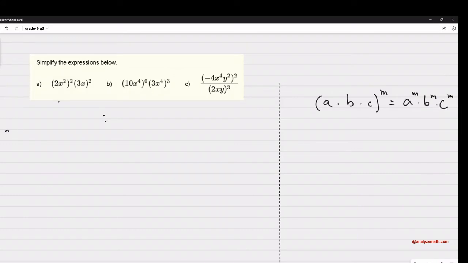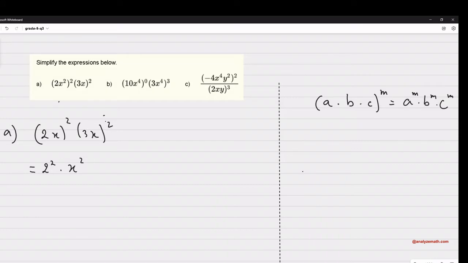So let's go to part A and then start dealing with the term that we have. So this is the expression given in part A. Now I'm going to use this rule here. It's 2 multiplied by x to the power 2. So according to the rule, this will give me 2 to the power 2 multiplied by x to the power 2.